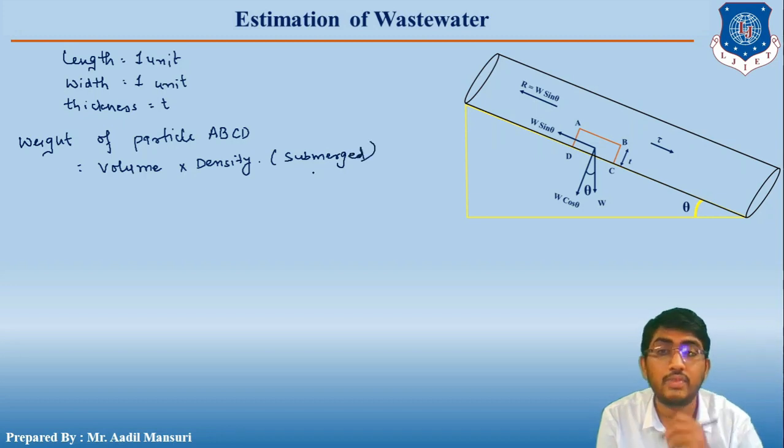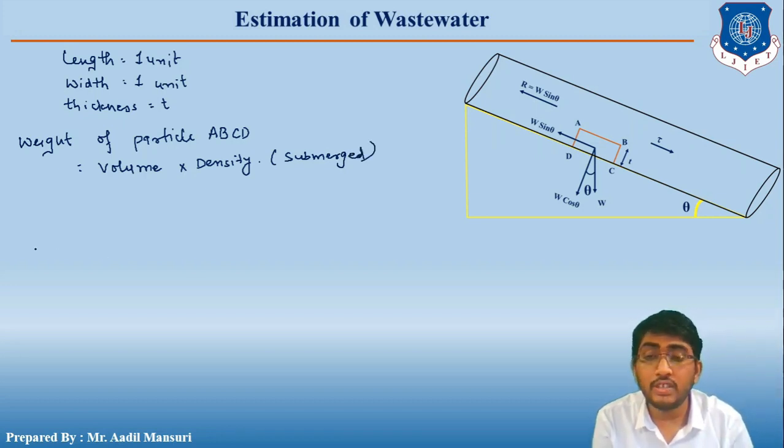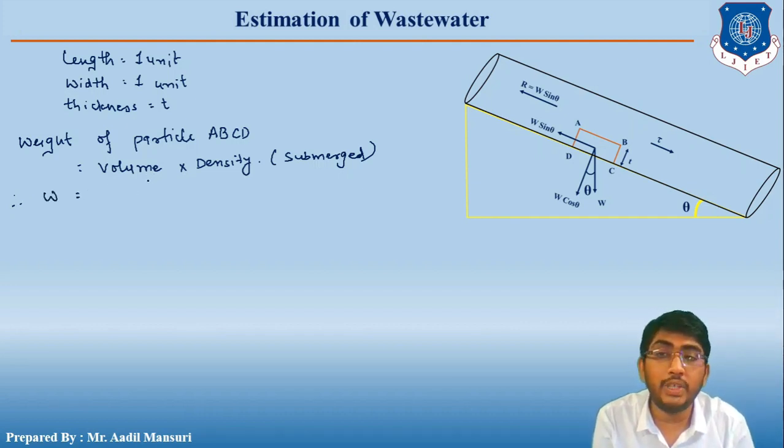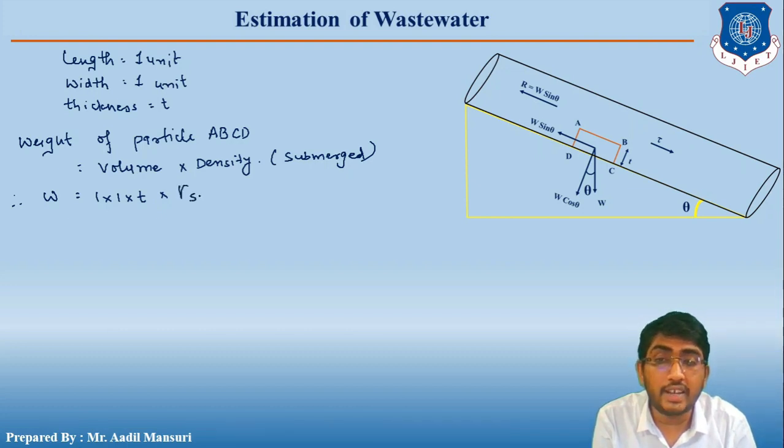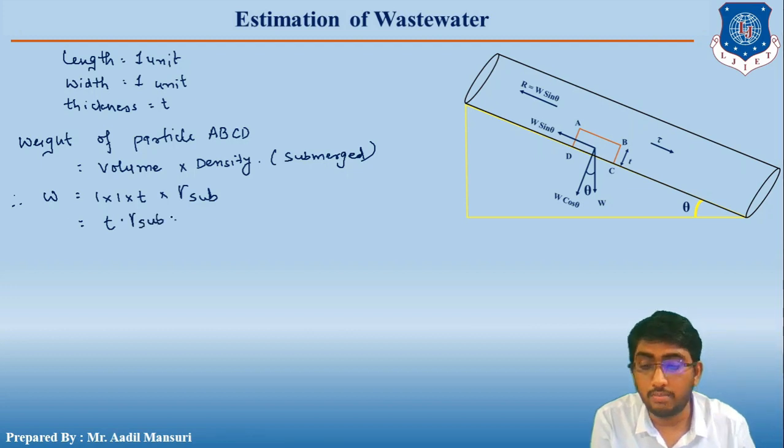Therefore W will be equal to volume, which is L into B into T, that is 1 unit into 1 unit into T, into density, that is submerged density, which I'll write as gamma submerged. So this will be equal to T into gamma sub.